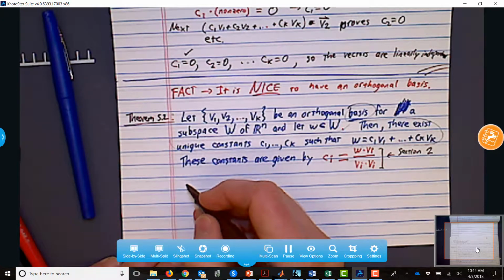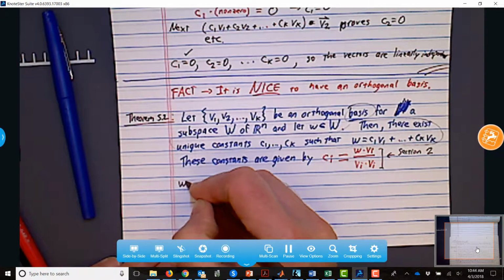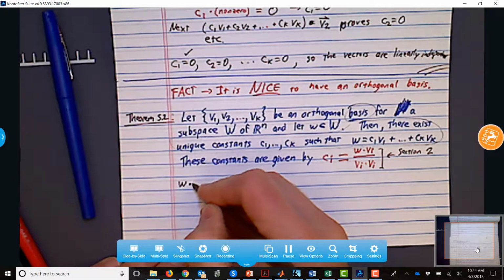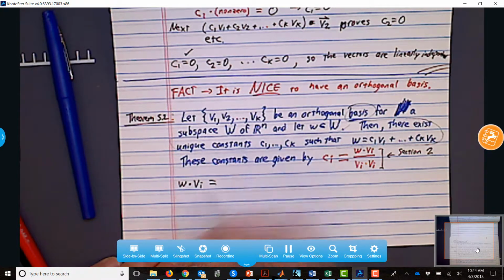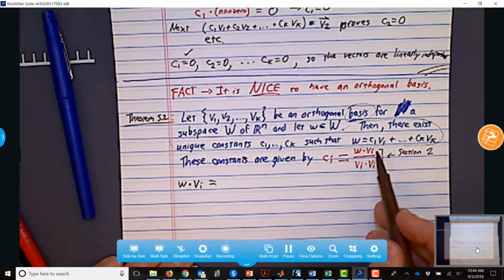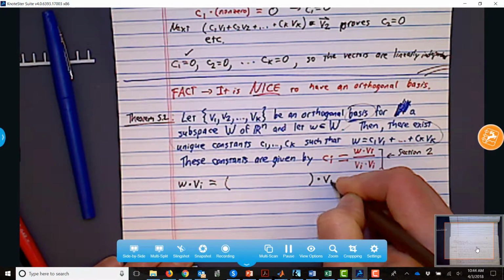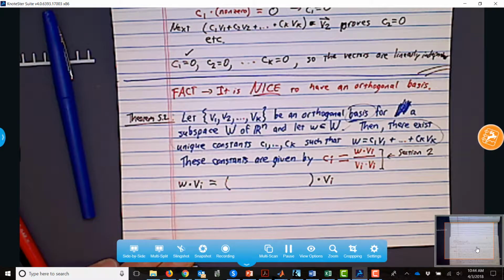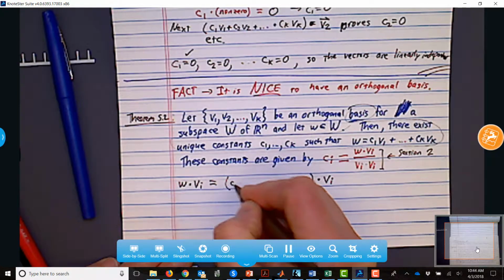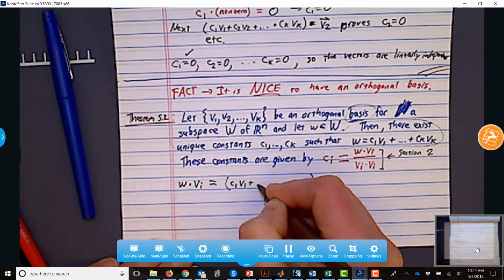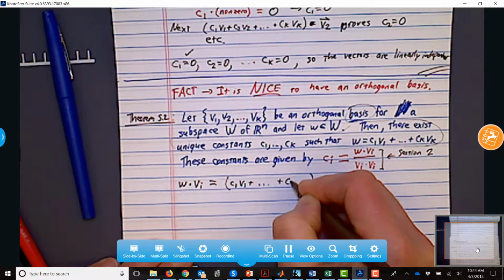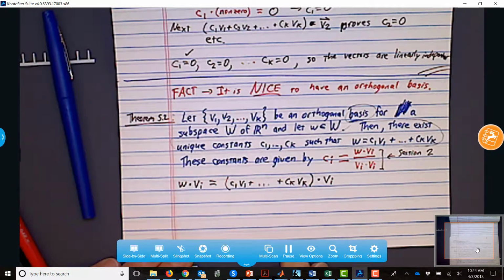So notice that w dot vi, what does that look like? Well, we have an expression for w because we wrote it as a linear combination. So let's rewrite it like this. You guys understand what I want to put in the parentheses, right? C1 v1 plus dot dot dot plus CK vk. Okay?